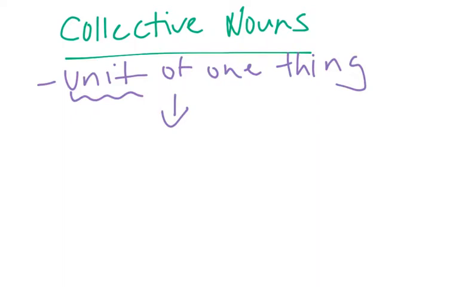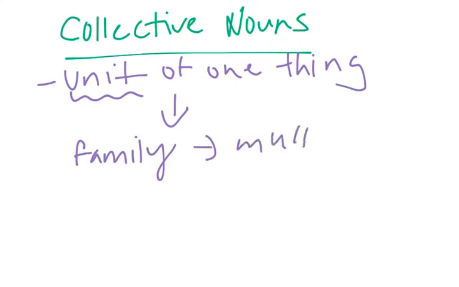For example, the word family. When we think about the word family, we usually think of our mother, our father, our sister, our brother, our cousin, practically anyone. And that has multiple individuals or components.